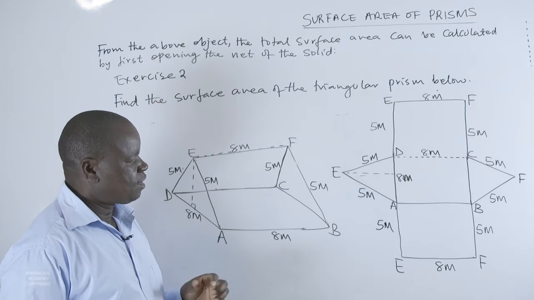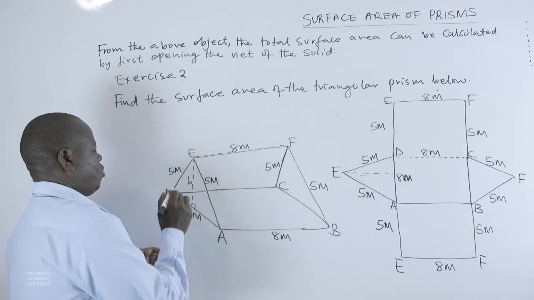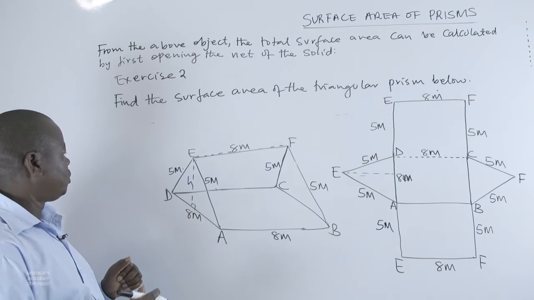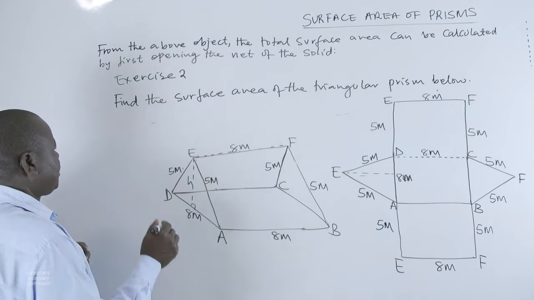So we want to find the perpendicular height of this particular triangle. So we use Pythagoras relationship to determine that.